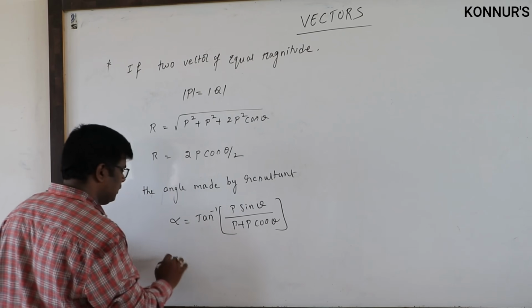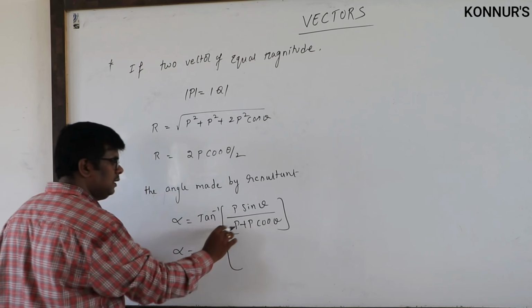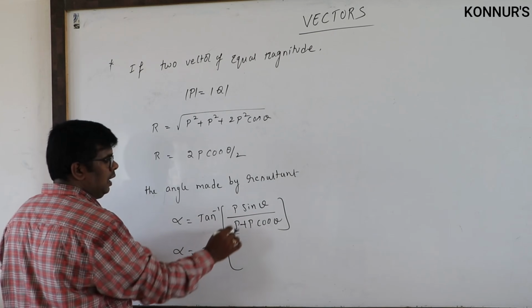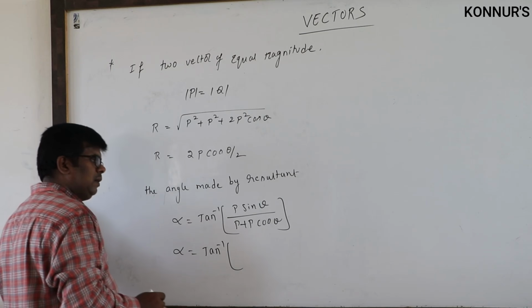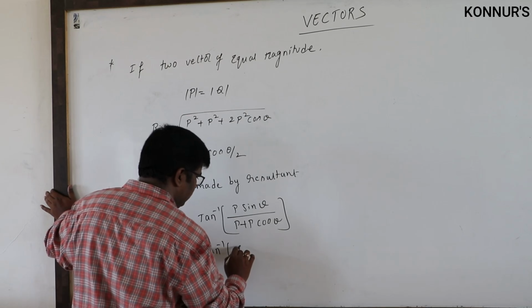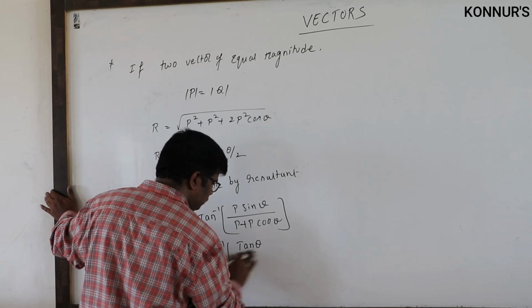If you simplify, P cancels and you write sin theta by 1 plus cos theta, which is 2 sin theta by 2 cos theta by 2 over 2 cos square theta by 2. You will get tan theta by 2.